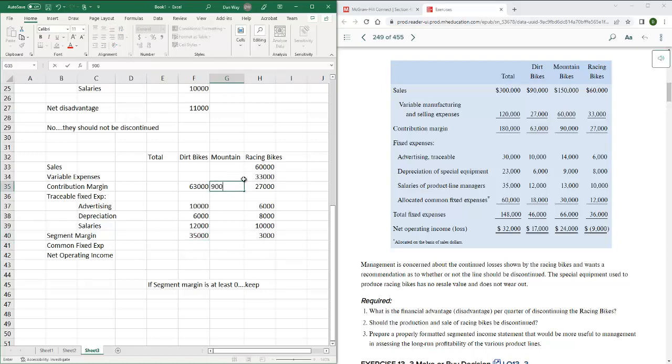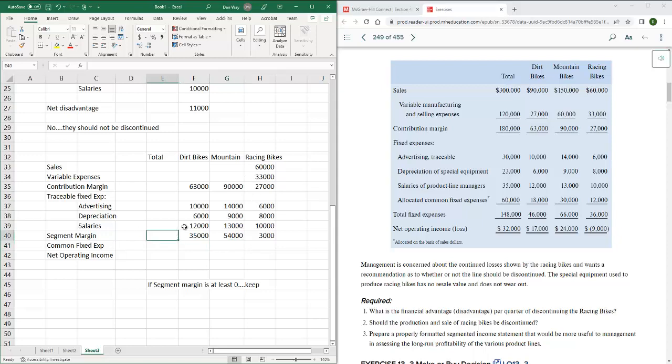Mountain bikes had CM of 90, advertising of 14, depreciation of 9, salaries of 13. So a nice segment margin there of CM minus those 3 traceable fixed expenses. Segment margin 54,000.